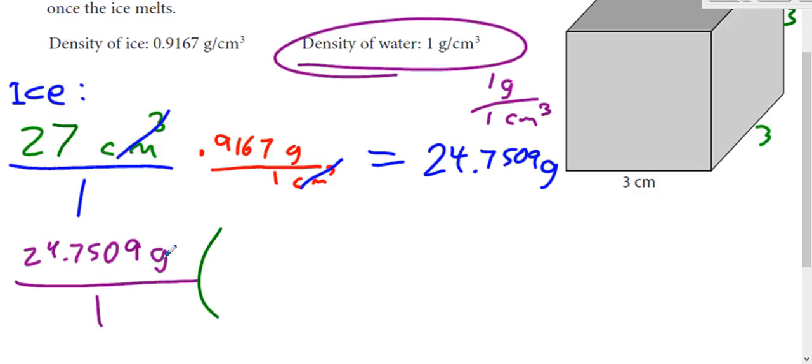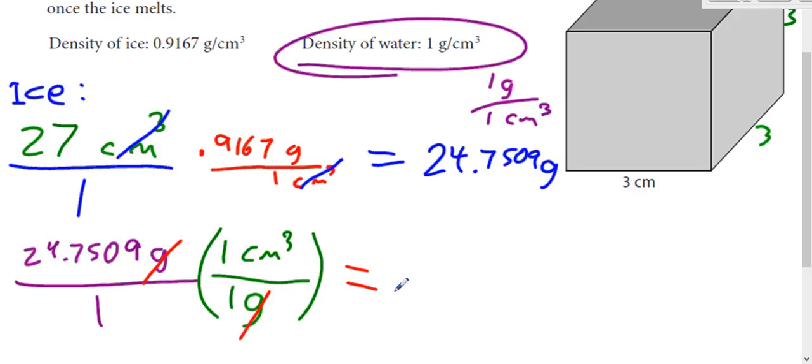But since we have grams up top, we need grams in the denominator, which means we need the 1 cubic centimeter in the numerator. That way grams cancel out. The math wouldn't really change anything. Times 1 is still 24.7509 cubic centimeters.